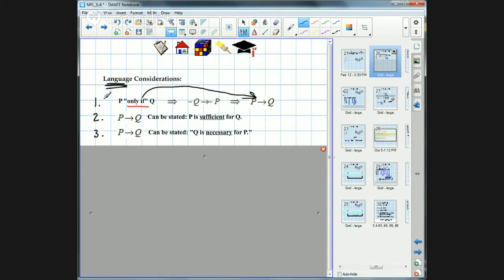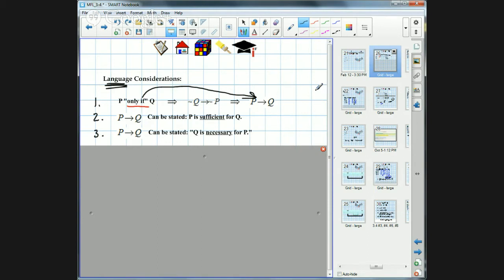So these three items are kind of important. Let me just review them again. Whenever you come across the words only if, which is a little bit unusual and unnatural, but you do see it occasionally, just replace it with an arrow.